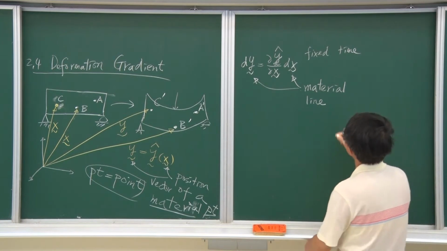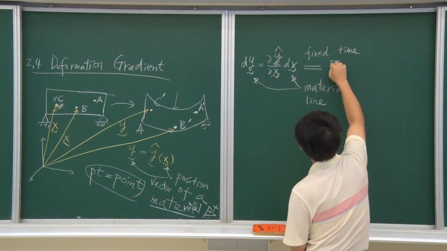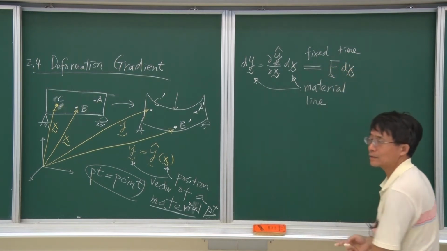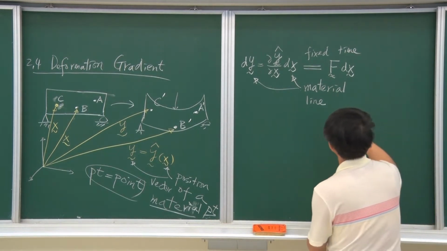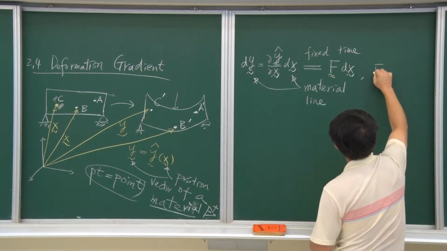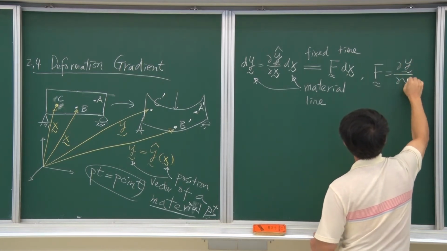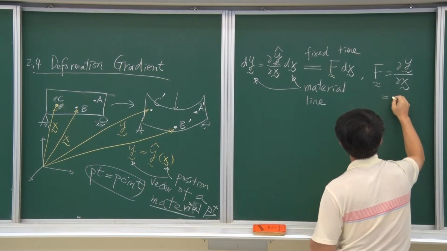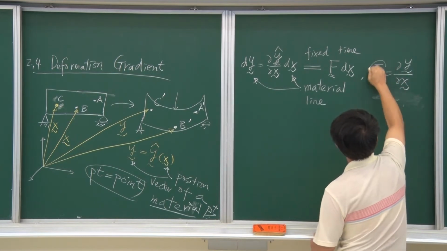And we have the rotation like this, very important rotation. We denote this one by F, called the deformation gradient.